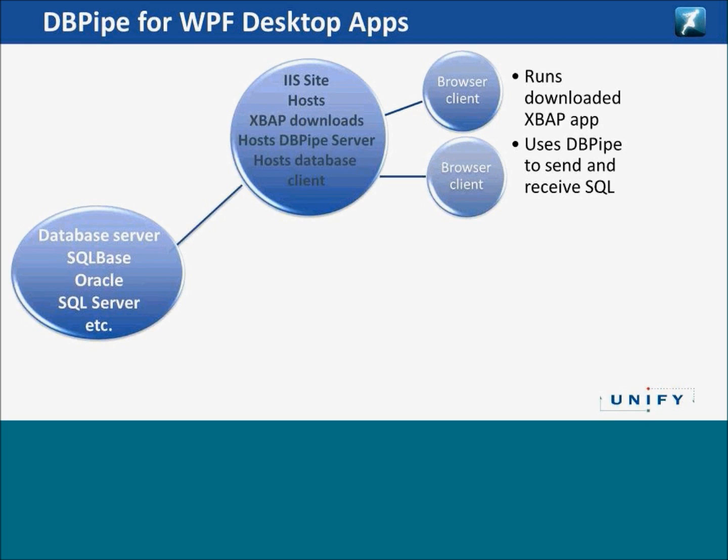What we allowed you with DBPipe was to have browser applications that do not have a need for local installation of database clients, like an Oracle client driver, SQL Server client driver, SQLBase client driver. You could install the DBPipe on your IIS machine, and there the database client would be on this machine and would access the database. So if you run the downloaded XBAP app, it uses DBPipe to send and receive the SQL.